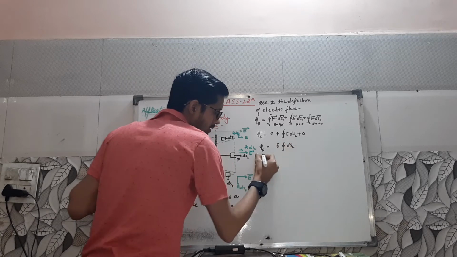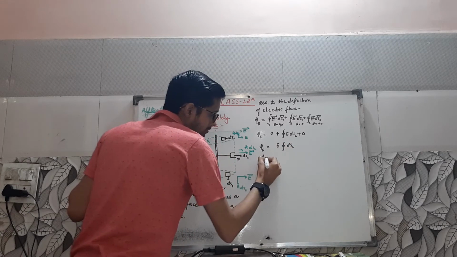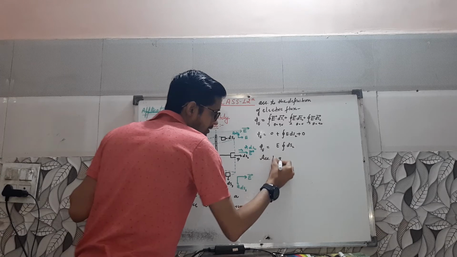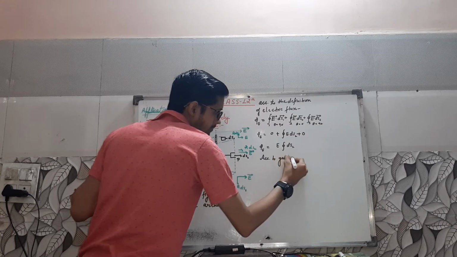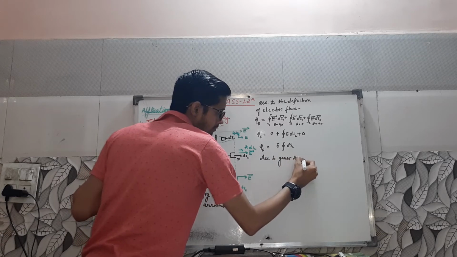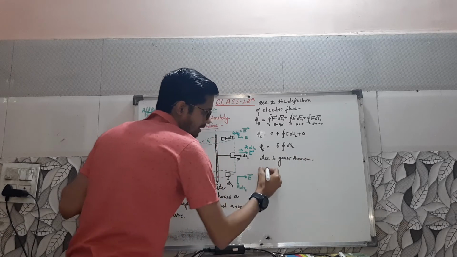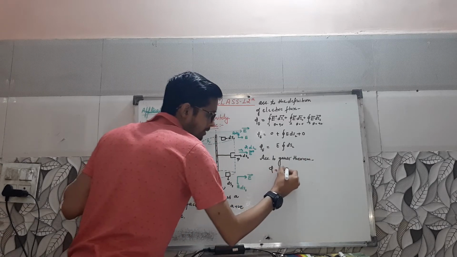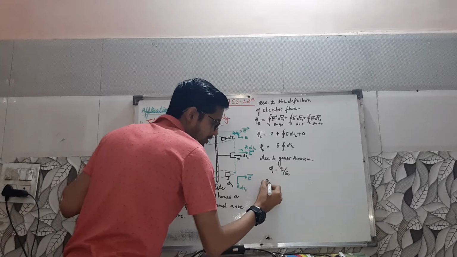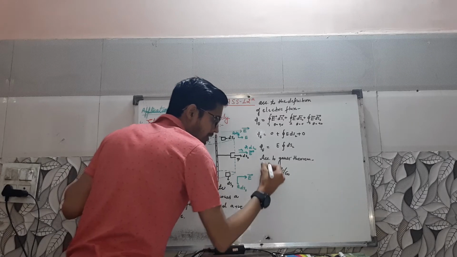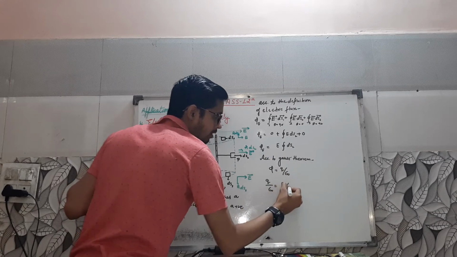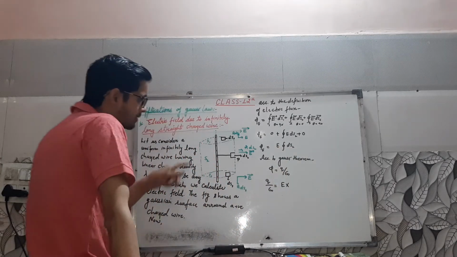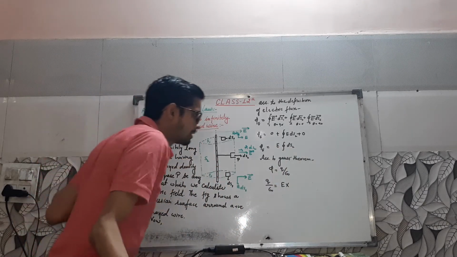According to Gauss theorem, phi equals Q upon epsilon naught. So Q upon epsilon naught equals E into ds, where ds is the surface area of the cylinder, and it is nothing but 2 pi r l.